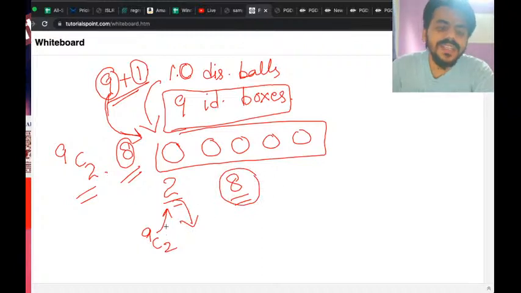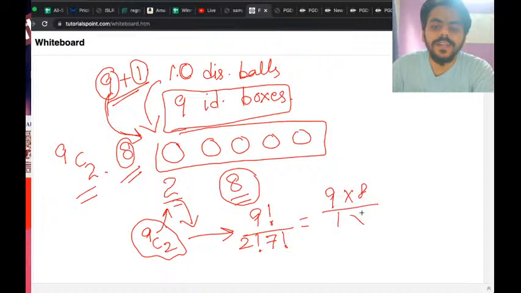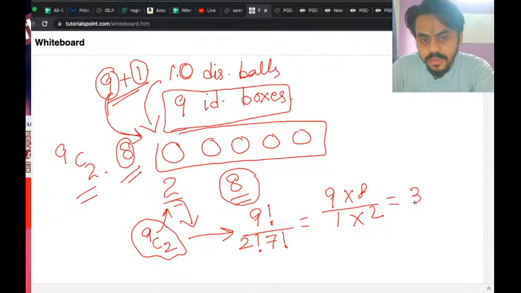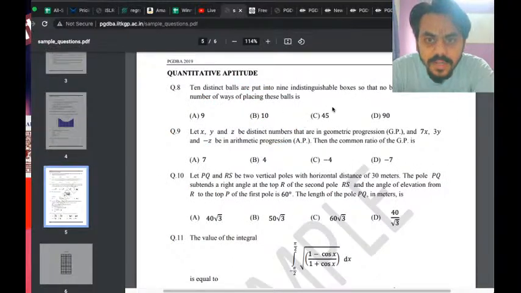So I can directly say that 9C2 is the answer, which is 9 factorial divided by 2 factorial into 7 factorial, or 9 into 8 by 1 into 2, which is 36.